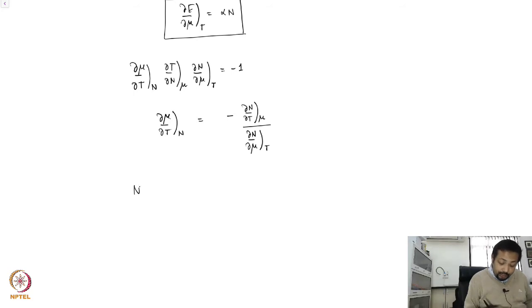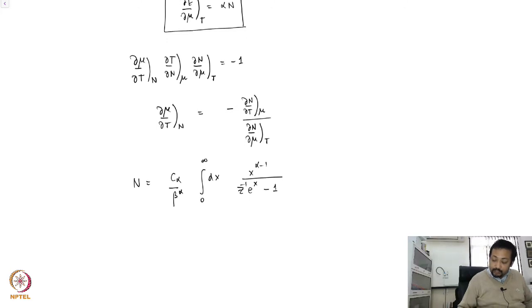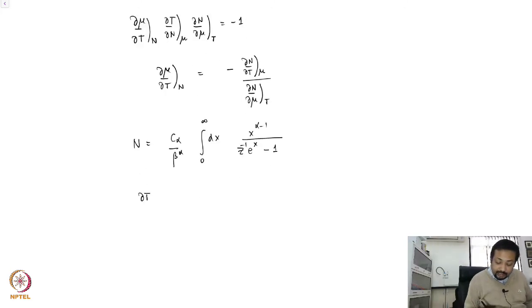But I know the expression for n. N was C_α β^α ∫ from 0 to infinity dx x^(α-1) / (z^(-1) e^x - 1).